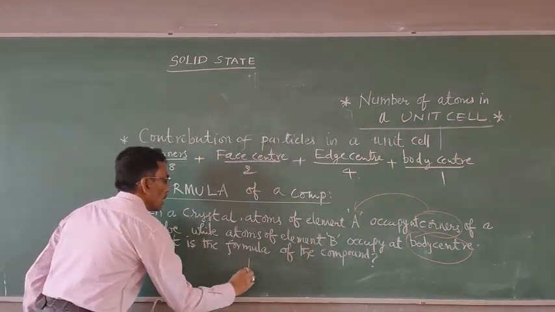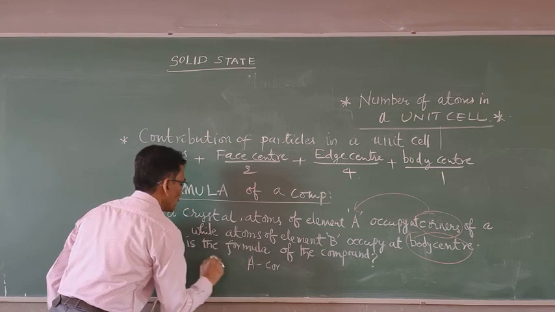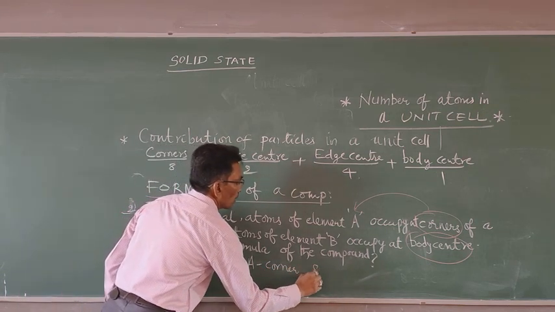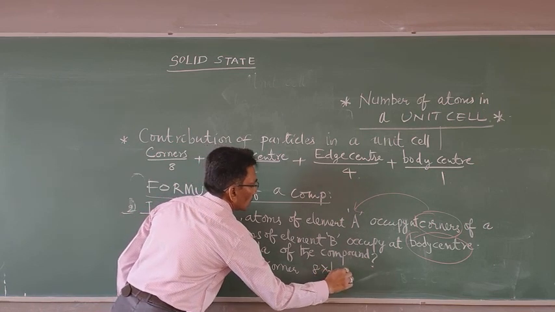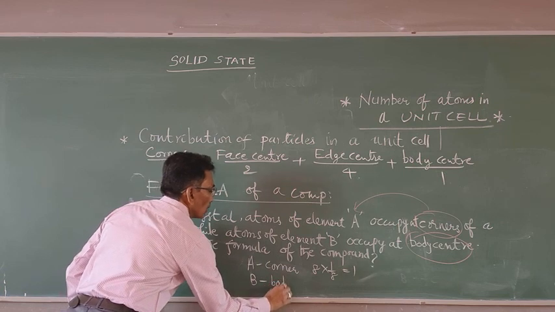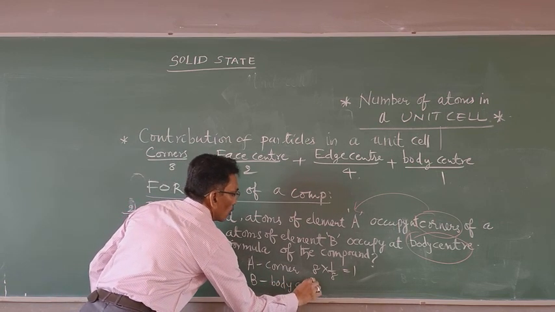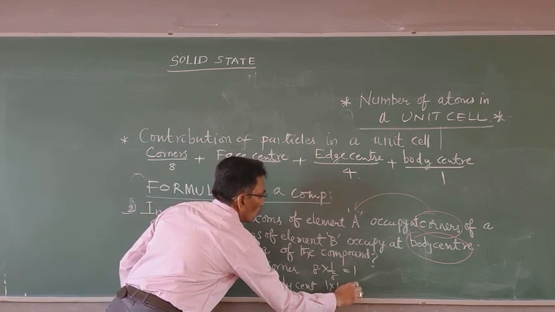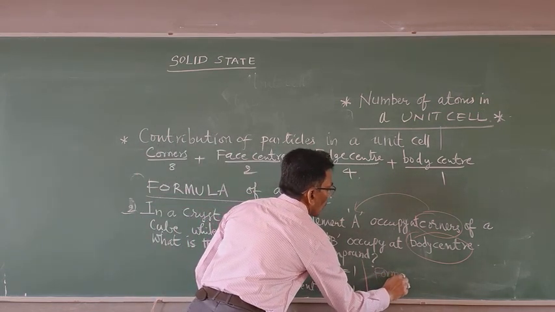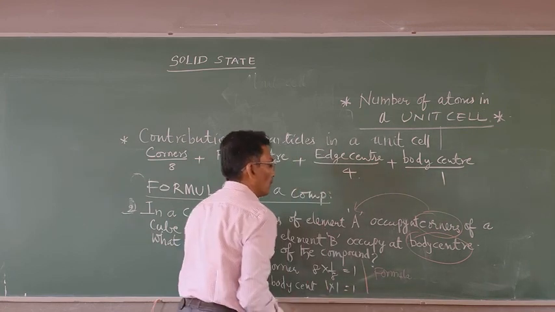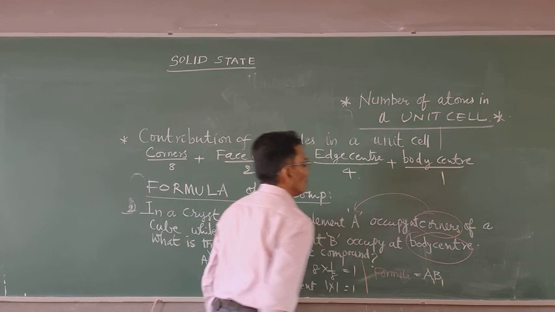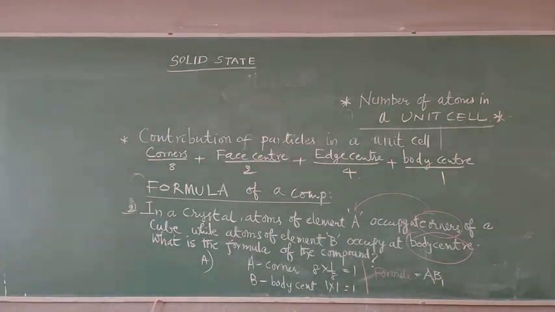A at corner is 8 into 1 by 8, answer is 1. B at body center, as body center cannot be shared, is 1 into 1, that is 1. Hence the formula of the compound is A1 B1, nothing but AB.